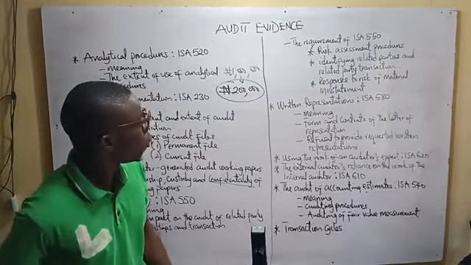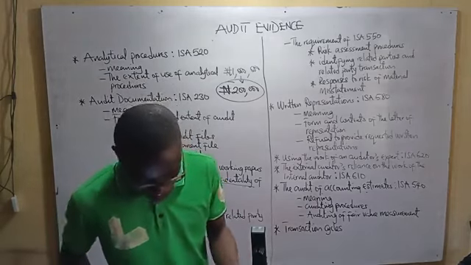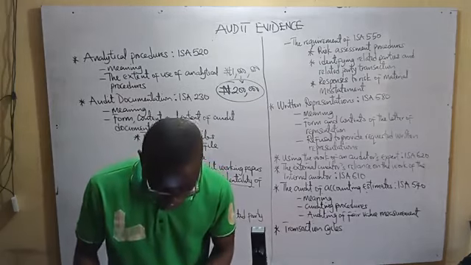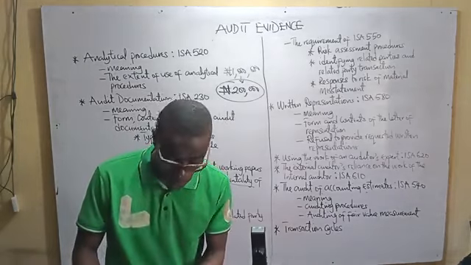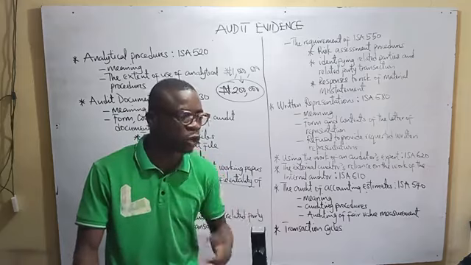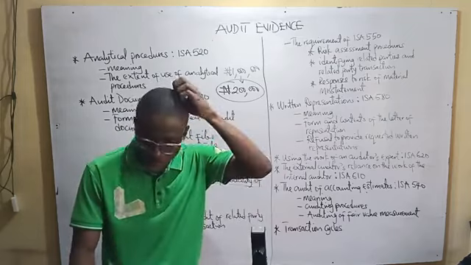So we have stated that a letter of representation, or written representation, is usually drafted by the auditor. It is drafted by the auditor because it's the auditor that knows the area in which you need explanation.